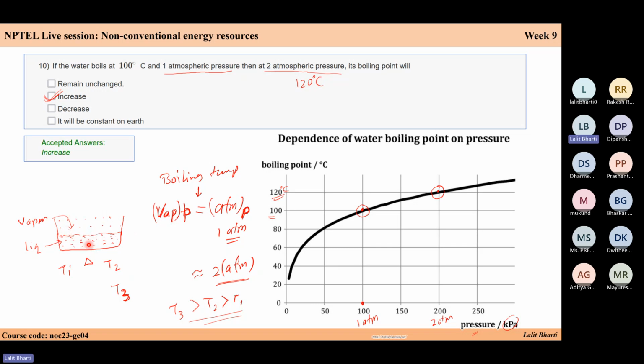When you are increasing the temperature, the vapor pressure will increase, or more molecules will go from the liquid phase to the vapor phase. So you will have a higher density of vapors here. At some point, your vapor pressure is so high that the molecules of the liquid cannot turn from liquid phase to vapor phase.